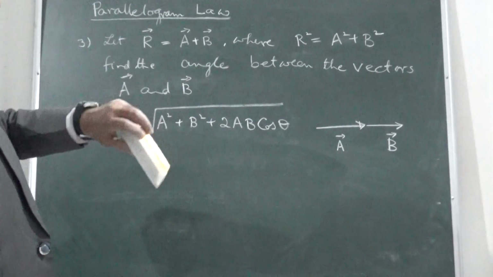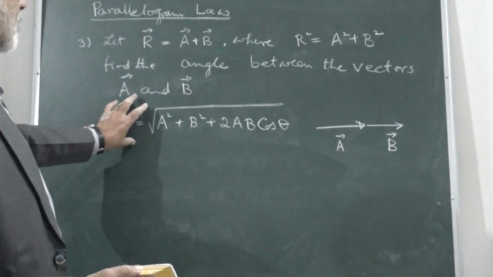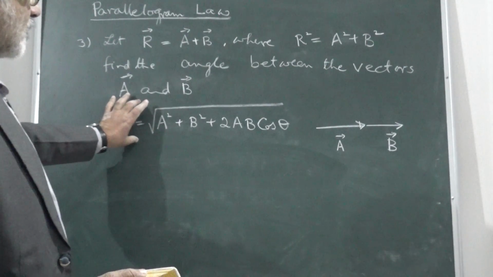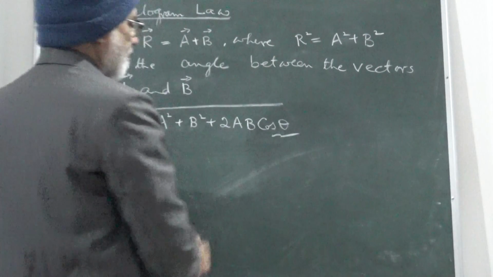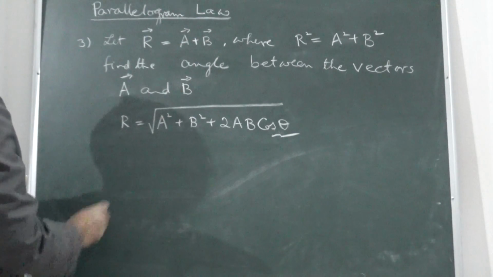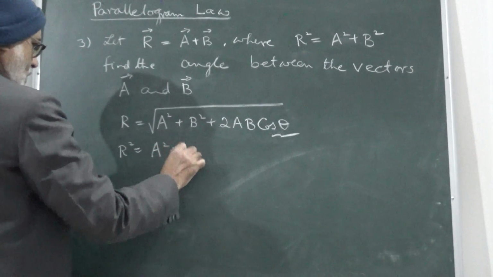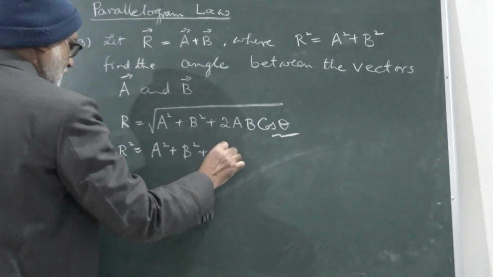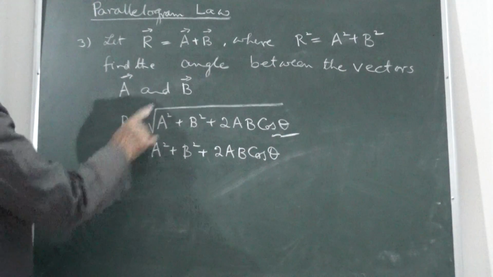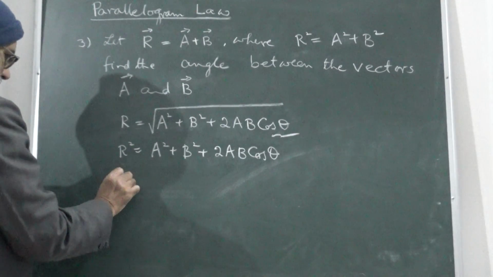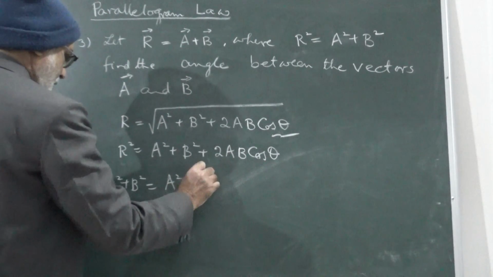Find the angle between the vectors A and B. So again here, this is our formula to find the magnitude of the resultant of two vectors, and we have to find here the angle theta. Using this formula again, we have R square is equal to A square plus B square plus 2AB cos theta, and R square from the question is given as A square plus B square.